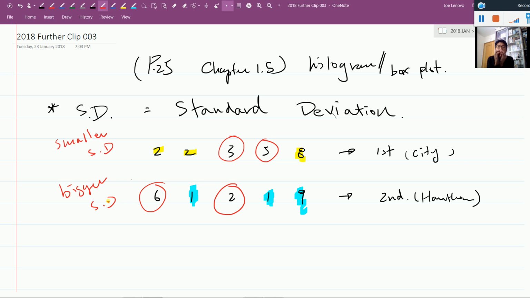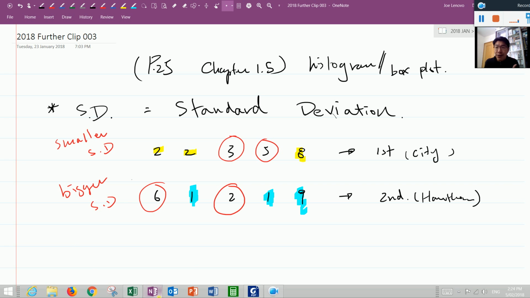Some of them are very compact and close with one another. Some others are very wide apart. Then standard deviation is a mathematical value. From each one of the data there, you can use a formula to find out the standard deviation for each population.